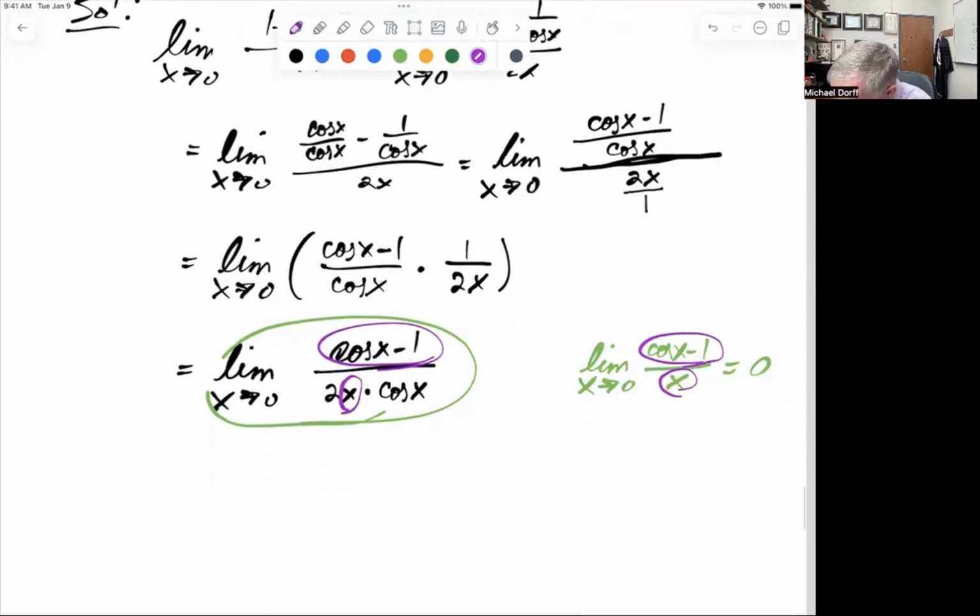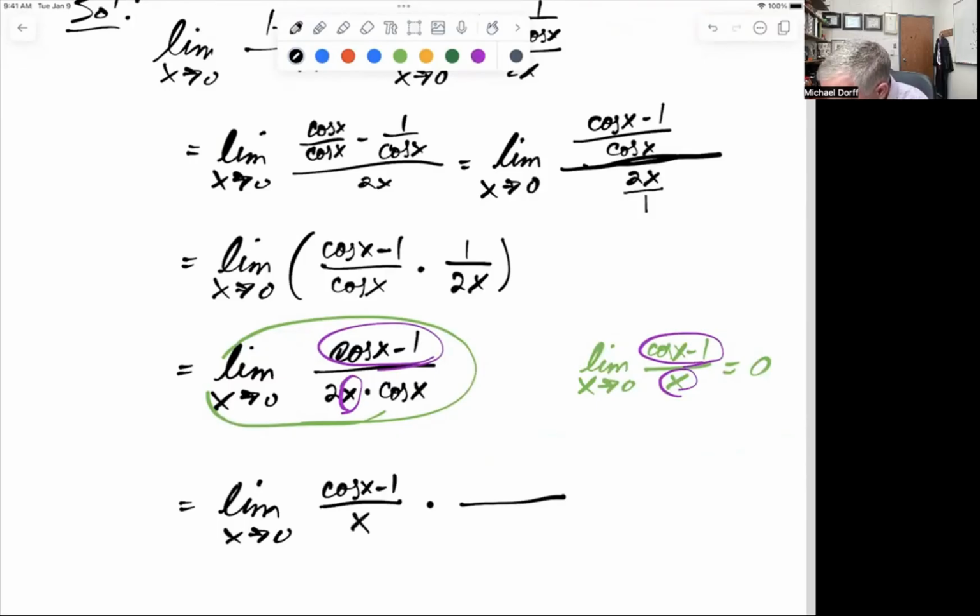So let's take what we have and break it up into two fractions, just like we did in the previous one. We're going to put a cosine x minus 1, and we're going to put something over here. What do I want in the denominator of the first part?